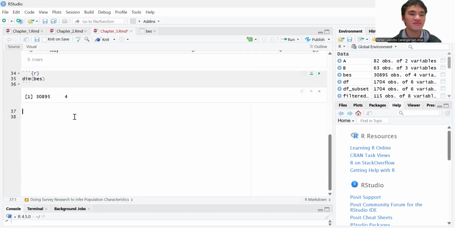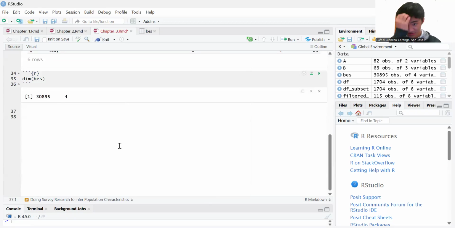So here we can see we have around 30,000 observations, and we have 4 variables. Okay. Now, based on this output, we determine the dataset contains 30,895 respondents. So the sample size N is 30,895.